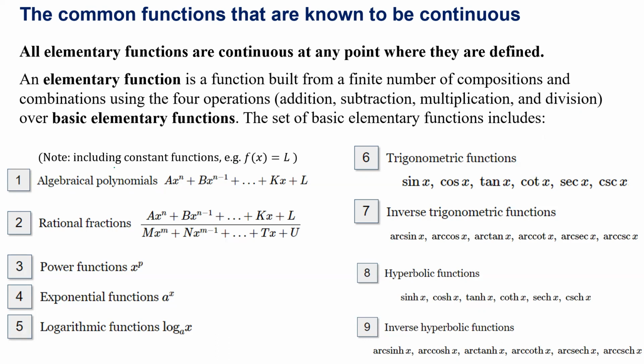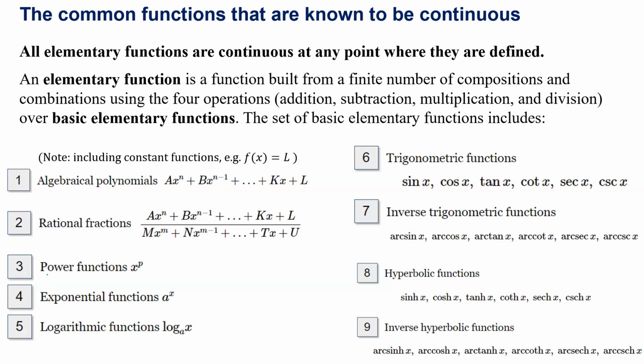We have already talked about polynomials in our previous lesson, MHF4U, right? And second, rational fractions or rational functions. This is also a basic elementary function, which is a ratio between two polynomial functions, right? Also, we have learned this type of function in our previous course, MHF4U.